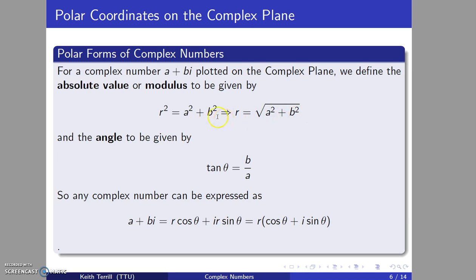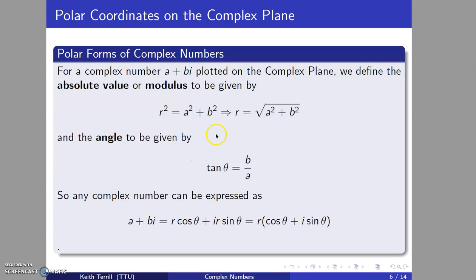So you take the square root of that, you have your absolute value. You have your distance from the origin to your point. You have your line segment. And then the angle of rotation, as before, satisfies tangent theta equals b over a. And you have to recognize that that only will give you first quadrant or fourth quadrant if you did the arctangent, so you would have to adjust accordingly.